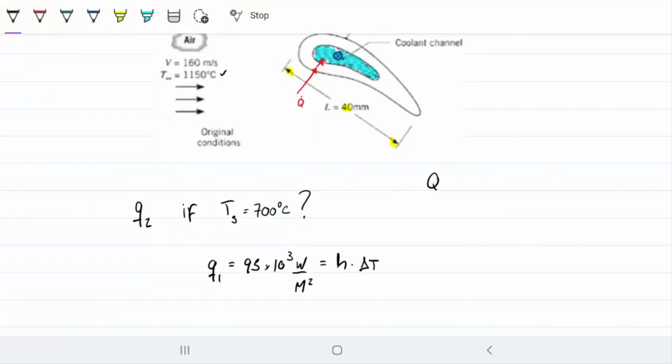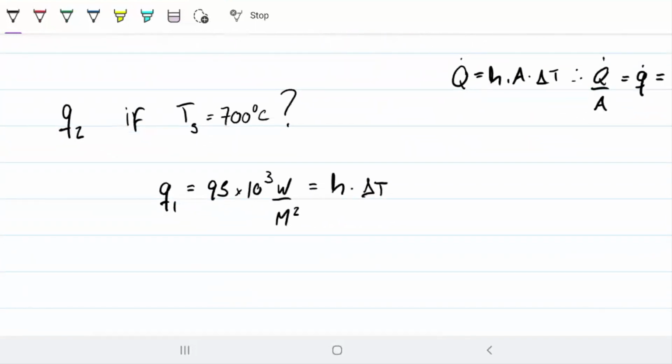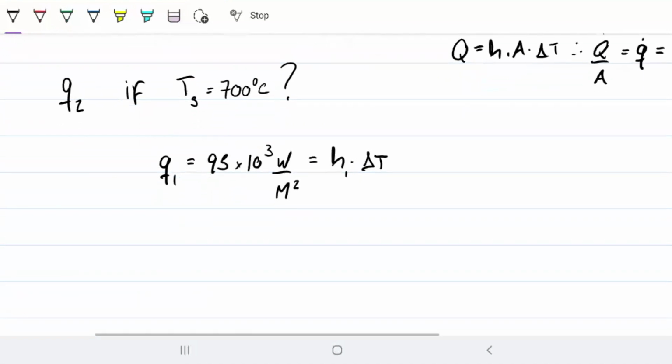And this all comes from Newton's law of cooling that we know very well by now, and therefore Q over A, which is the same thing as little q, is just the convective coefficient times the difference in temperature. So if we have that heat flux and we have the delta T, then the convective heat transfer coefficient is trivial, right?